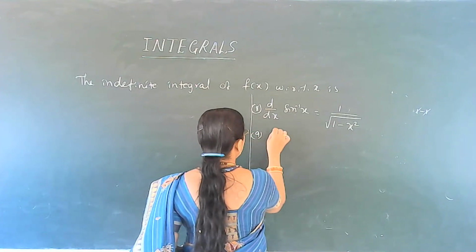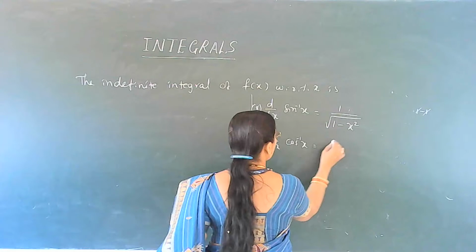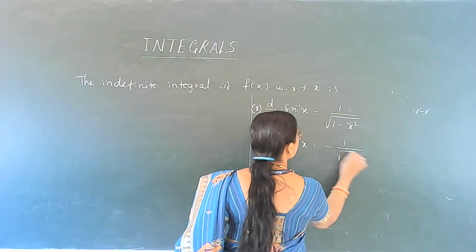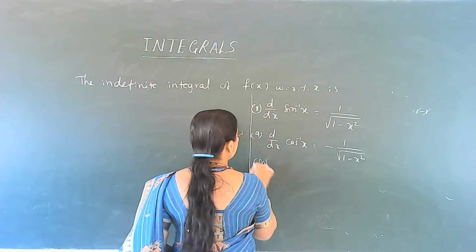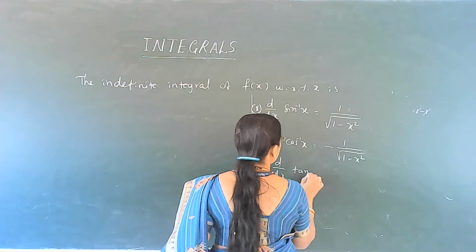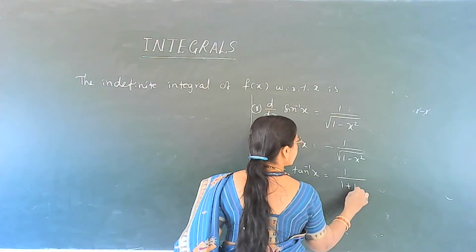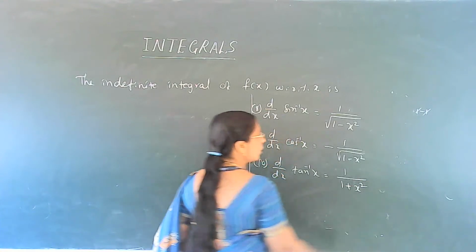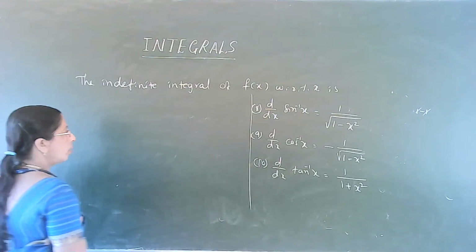Then d by dx of cos inverse x is equal to minus 1 by square root of 1 minus x square. Then d by dx of tan inverse x is equal to 1 by 1 plus x square. The integration is the reverse of the derivative of the function.